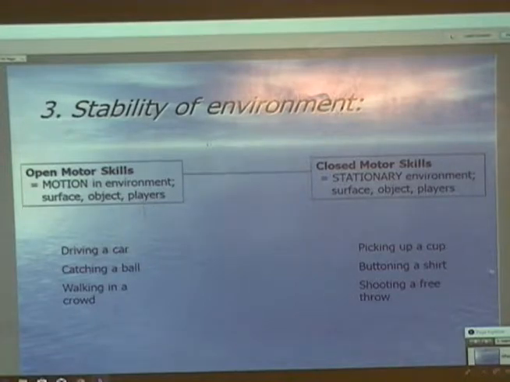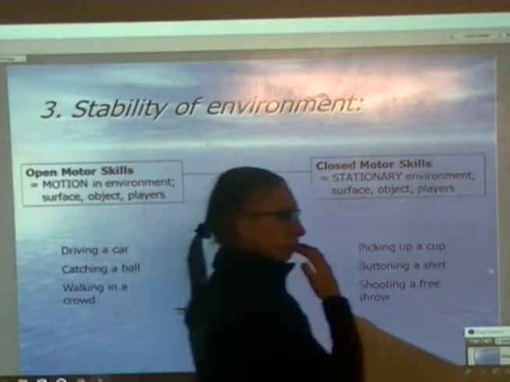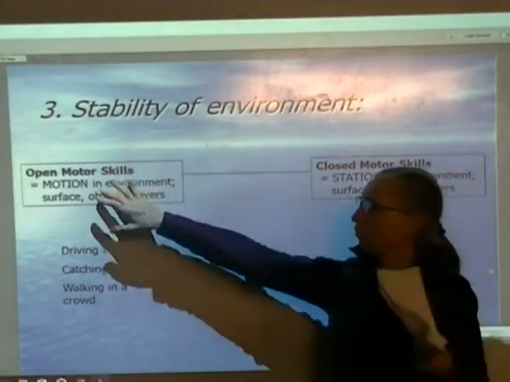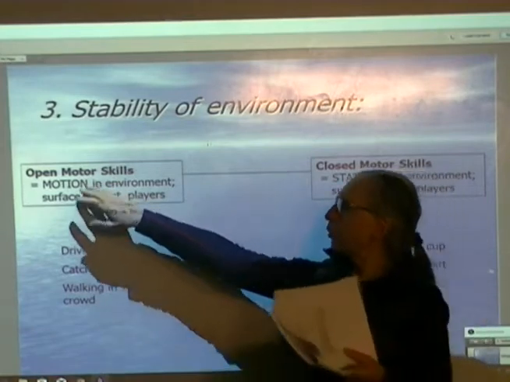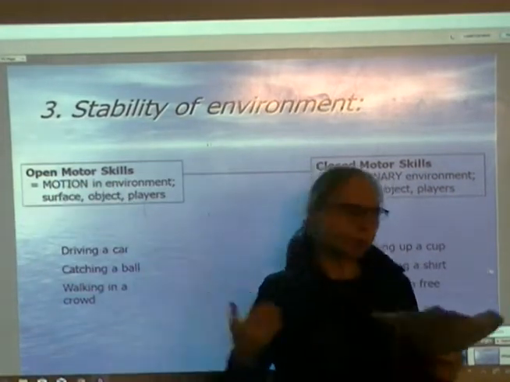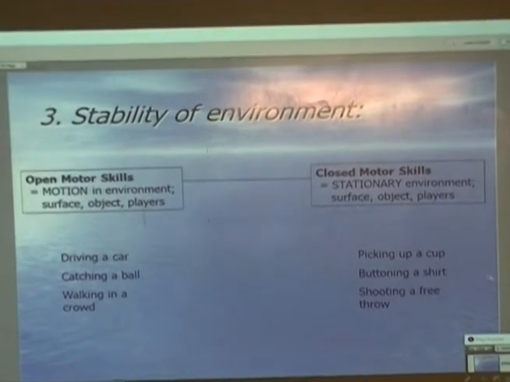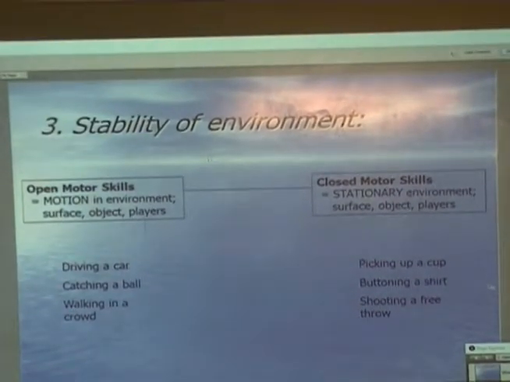And our third option for classification is involving where the skill is taking place. Right? So on one end of the extreme, we have what we call open motor skills because there is motion occurring within the environment.